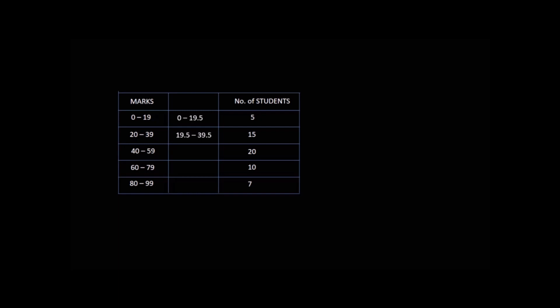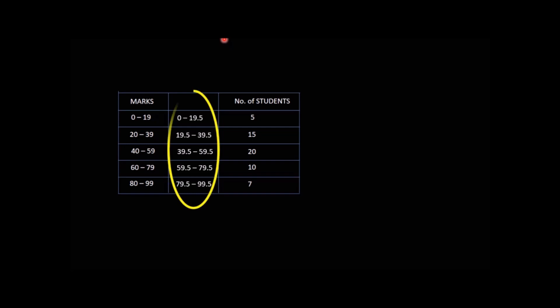Similarly, for the third class interval, the lower boundary is going to be the midpoint of this gap, which is 39.5, and the upper class boundary will be the midpoint of this gap, which is 59.5. So this is going to be 39.5 to 59.5. Similarly, the next one is going to be 59.5 to 79.5. And the last one will be 79.5 to 99.5.